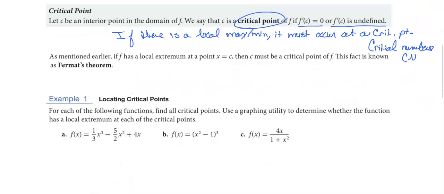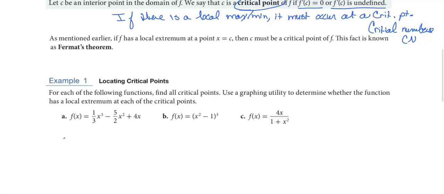So let's look at a few examples. For each of the following functions, let's figure out critical points. To find a critical number, we're going to take the derivative and set it equal to 0. If I take this derivative, 1/3 times 3 would be a 1, so this is 1x squared minus, and the derivative of the second term gives me a minus 5x. And then the derivative of the last term is 4.